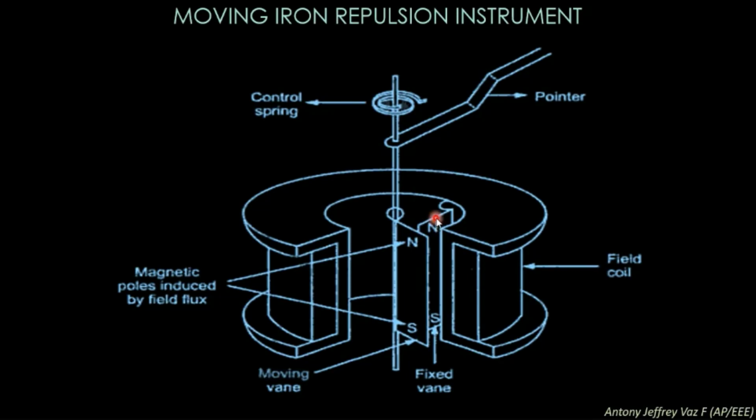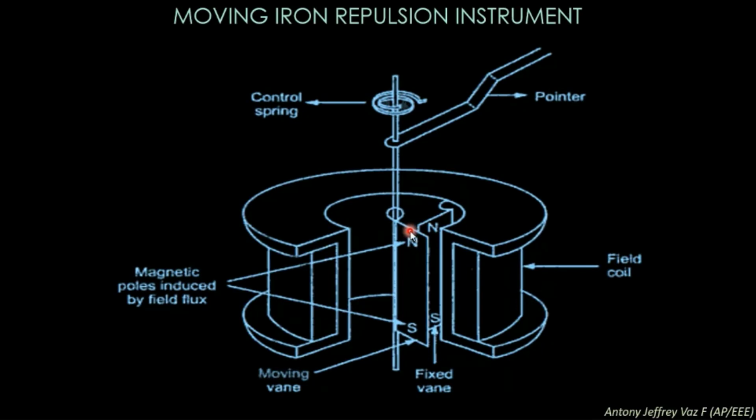We are using a magnetic vane. The upper end of the vane will become the north pole and the bottom end will become the south pole. Like poles repel each other, so the force used to turn the pointer is derived from the repulsion of the two like poles. Hence the name repulsion type instruments.